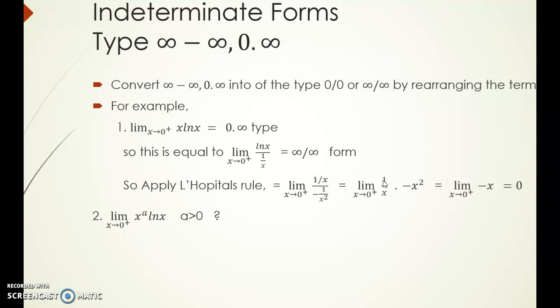So this is equal to 1 by x into 1 by x divided by minus 1 by x square, that's equal to 1 by x into minus x square. Limit x tending to 0 plus, this gets cancelled, minus x is the remaining term, so x tending to 0 plus of minus x equals 0.